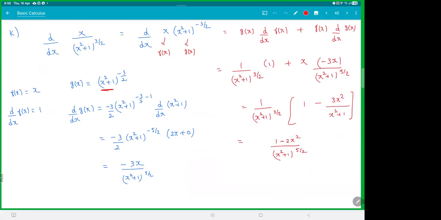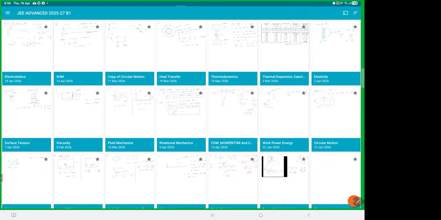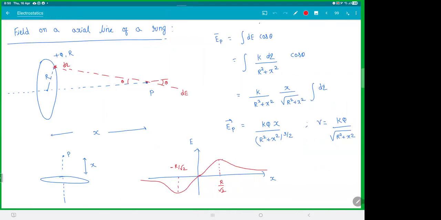Kqx by x square plus a square whole power 3 by 2. That looks something like this. Anyway, these are the important formulas. You should definitely remember the graph, and you should know that at x is equal to plus or minus r by root 2, the value will be maximum.